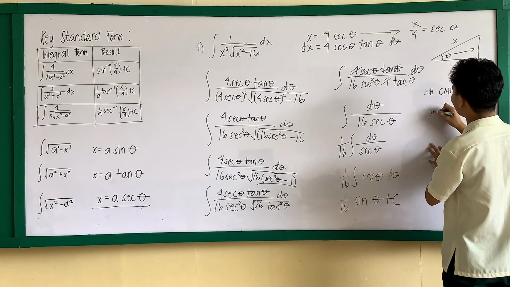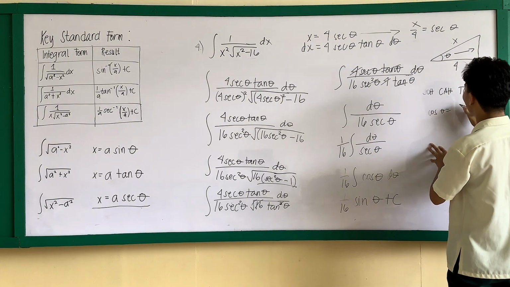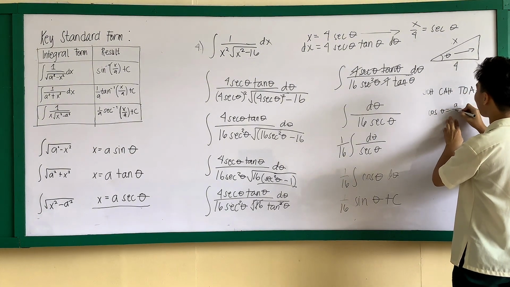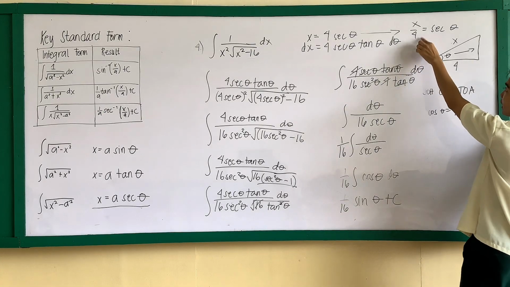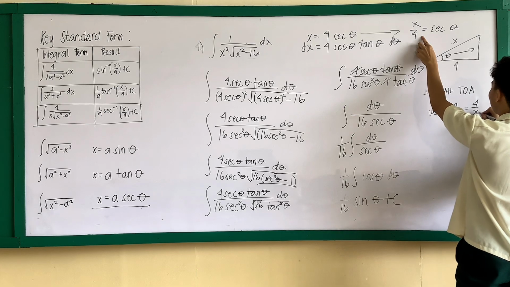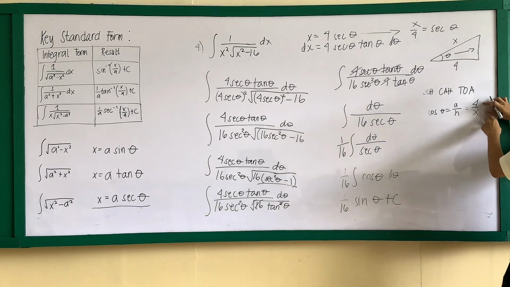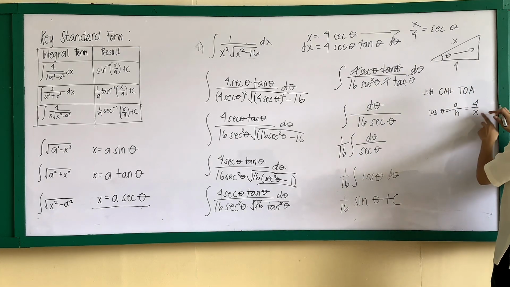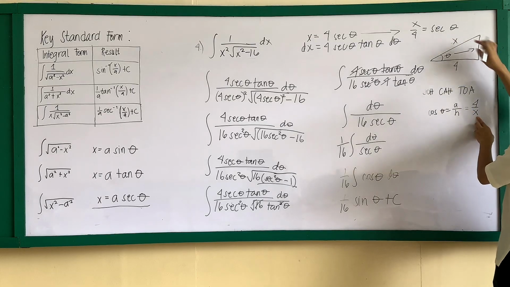So cos theta is equal to adjacent over hypotenuse. So this will flip, so it becomes 4 over x. So now, our adjacent is 4 and our hypotenuse is x.